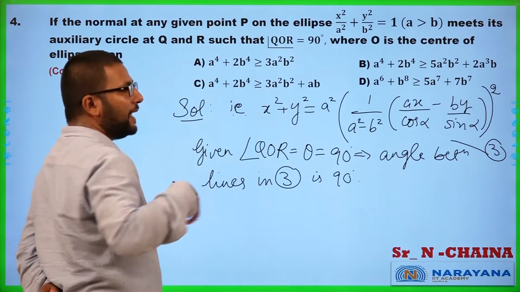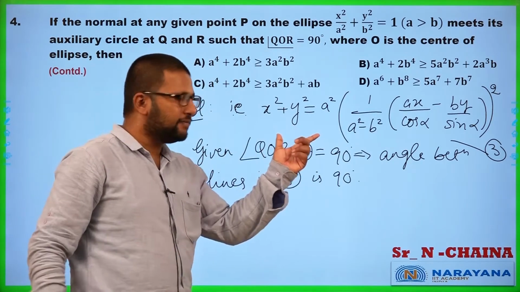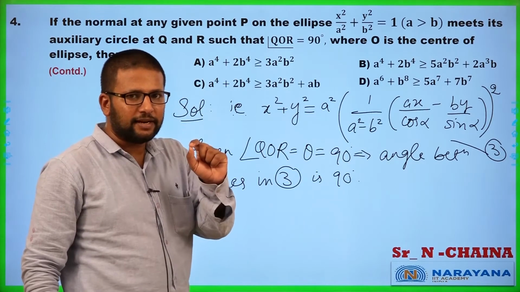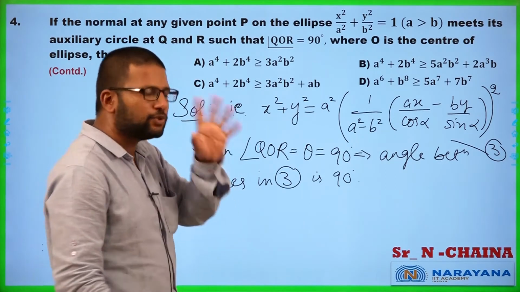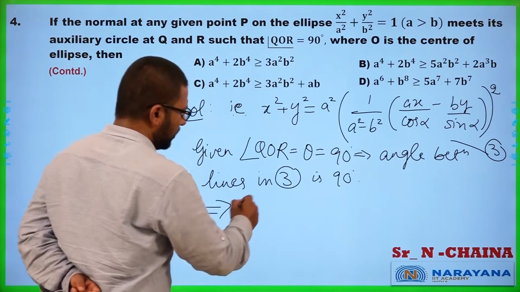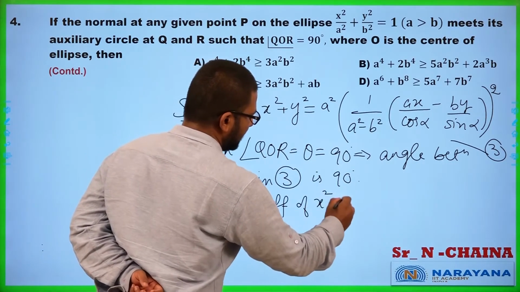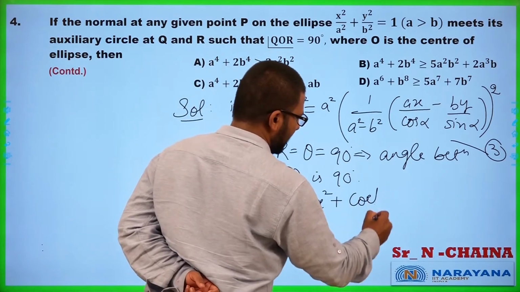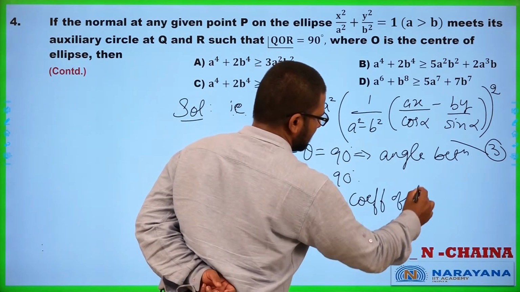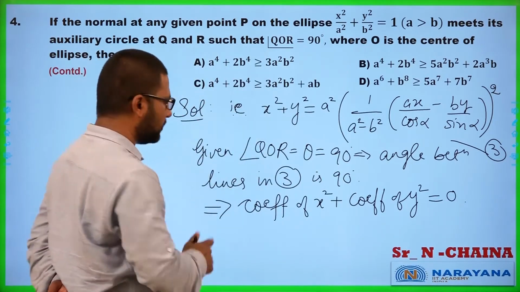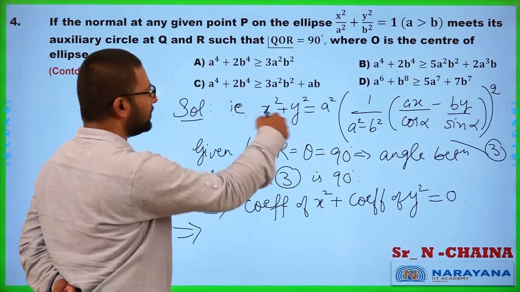So whenever you have a pair of lines equation where the angle between them is 90 degrees, what is the condition? It's a very nice sweet looking condition, which is coefficient of x square plus coefficient of y square equal to 0. Because of that our problem becomes simpler now. Because what is the coefficient of x square?